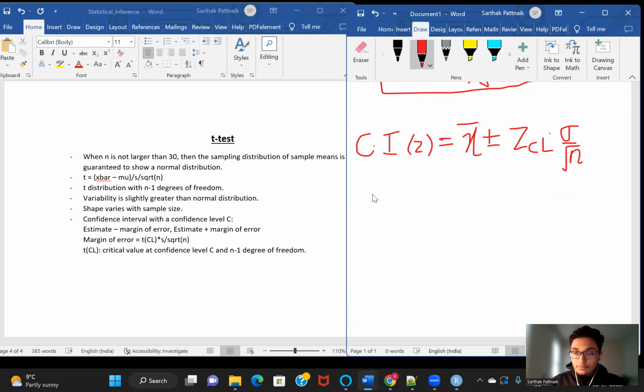Now for the corresponding t-test, this will be x bar plus and minus t critical into s by root n.